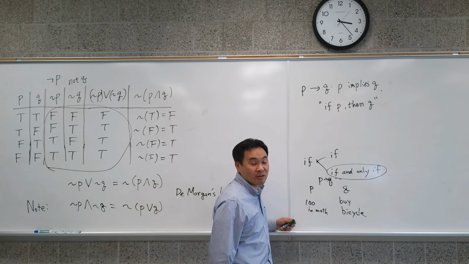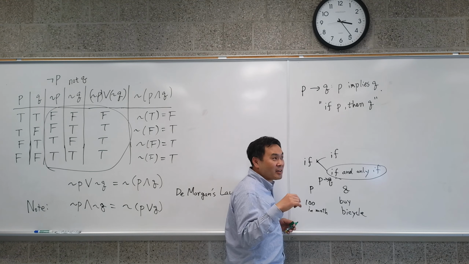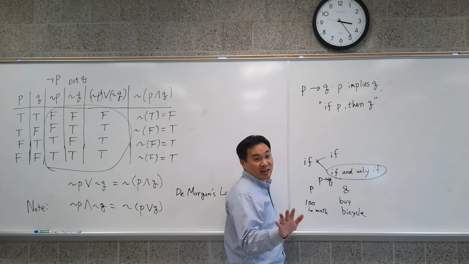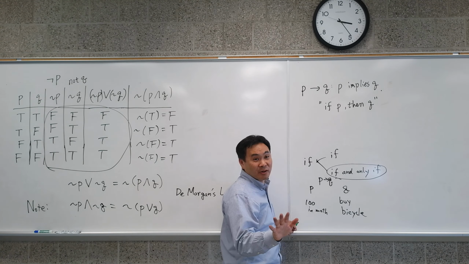Somebody came in, didn't have a ticket, he's out, that's fine. Somebody had a ticket, he's in, that's fine. If somebody had a ticket but the guard said no, you can't come in, then the guard lied, right? The problem is what happens if somebody didn't have a ticket and was let in?